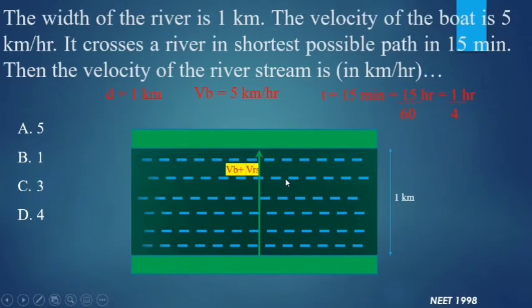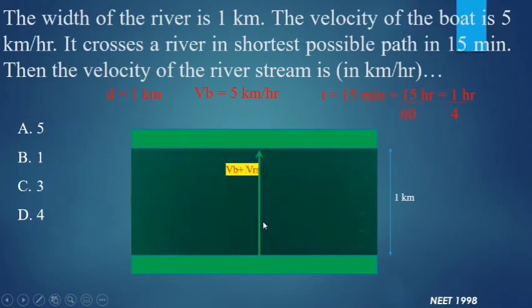To keep it going in a straight line, the boat should move in the opposite direction of the river, so that because of the application of the force, it will come back to the straight line. If it is trying to go in this direction, then it will come back to the straight line and go straight. So the velocity of the boat should be such that the output should be in the direction perpendicular to the direction of the flow of the river.